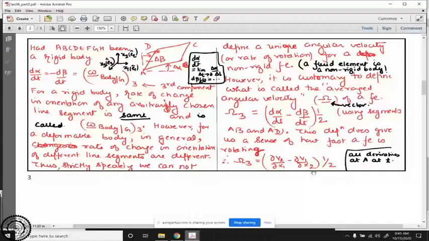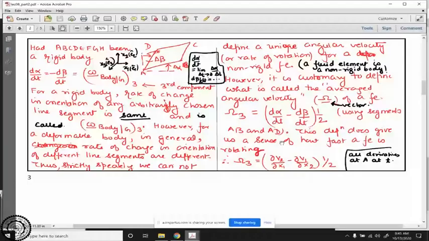I want you to realize that this is how average angular velocity is defined for a general fluid motion. I mean, d alpha dt minus d beta dt by 2.